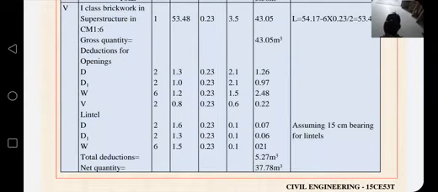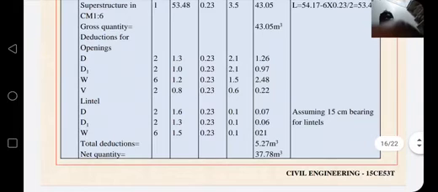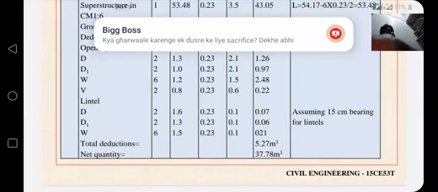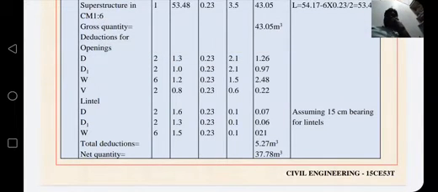D1, 2 into 1 into 0.23 into 2.1, 0.97. W, 6 numbers, 1.2 is the length, 0.23 is the wall width, and 1.5 meter height of the window. The quantity is 6 into 1.2 into 0.23 into 1.5, 2.48. Ventilator 2 numbers, 0.8 into 2.3 into 0.6. Total quantity is 0.22.